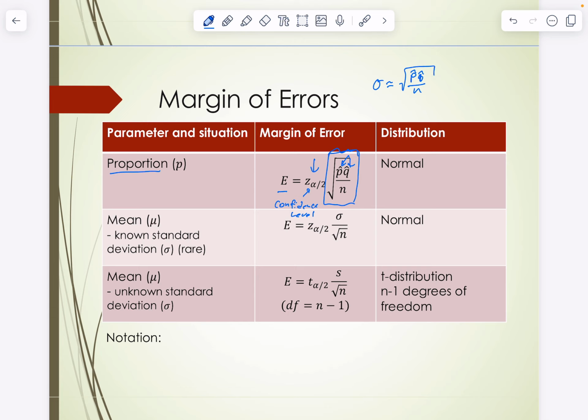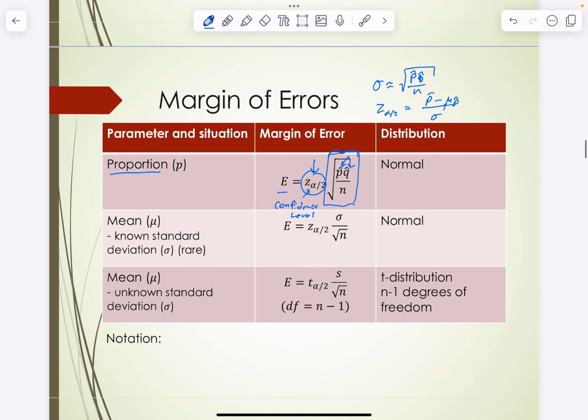Now, it makes sense to multiply this by a critical value because remember, a critical value is something like p hat minus mu of p hat over our standard deviation.